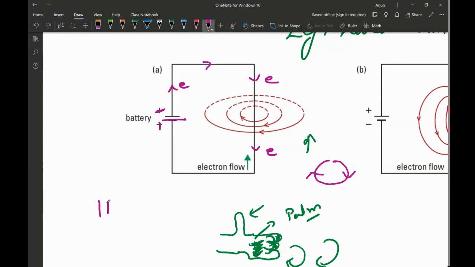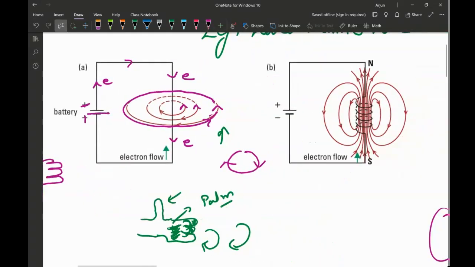This is my hand, please pardon my drawing. This will be the back of your palm. Now curl your fingers. Whatever direction your fingers curl will be the direction of the magnetic field. So it's going to move like this.